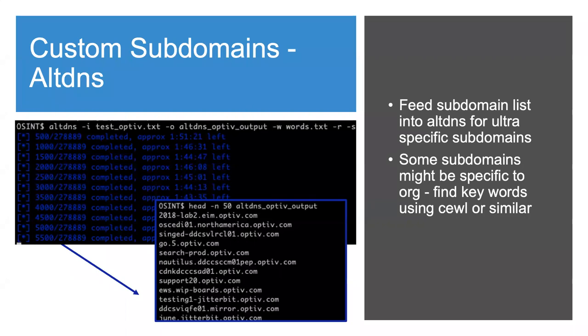And then this is another tool called Altdns. If you're having a hard time trying to find a good list of subdomains, you can use a mutated list. You can pull a bunch of words from, say, the company's website, or just a random word list if you have one available, to mutate the domain names.